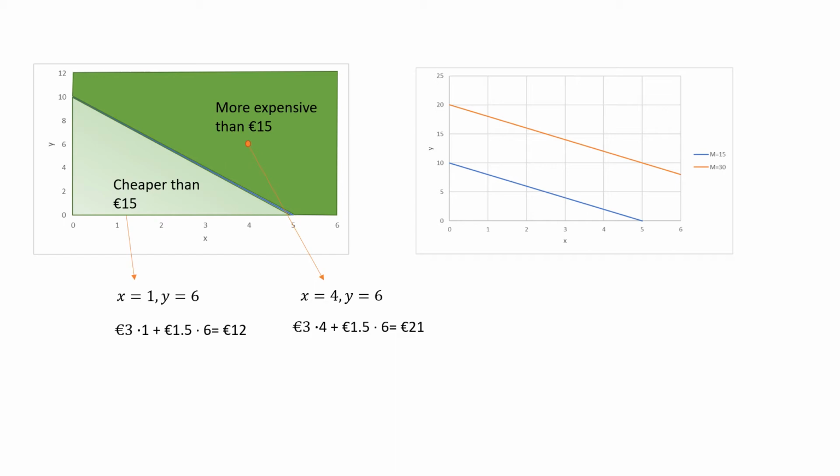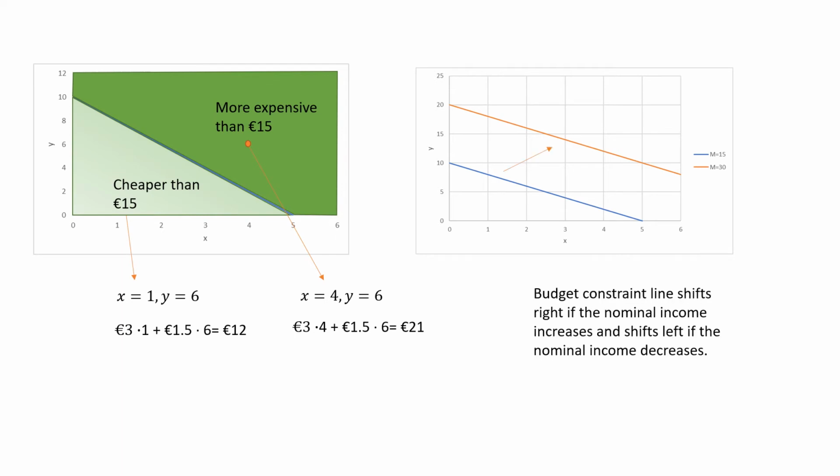Using this observation, we can already guess what happens if the nominal income of the consumer increases. Now, those bundles which were non-affordable in the initial position will become affordable. So this can be represented by a rightward shift of the budget constraint line. If the income decreases, then we can model that by a leftward shift of the budget constraint line.